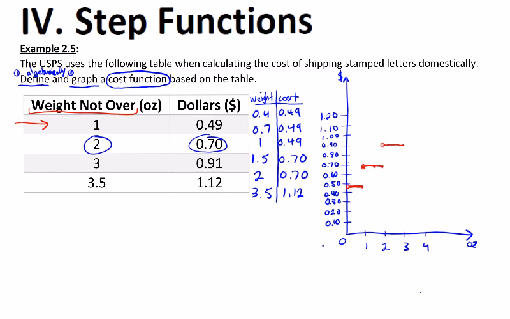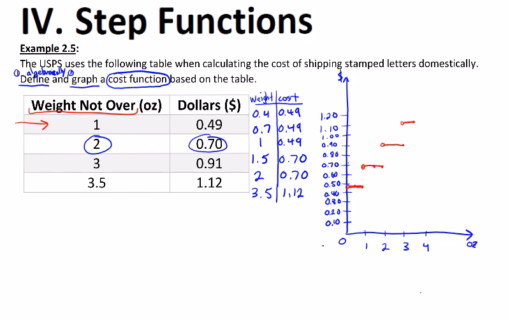And then the final one, we know that 3.5 is supposed to cost $1.12. Going right above 3, I can put an open circle at $1.12, and then I can connect the line. So envision that these are all horizontal straight lines. It's the best I can do here with this technology. And this gives us a graph for this cost function.